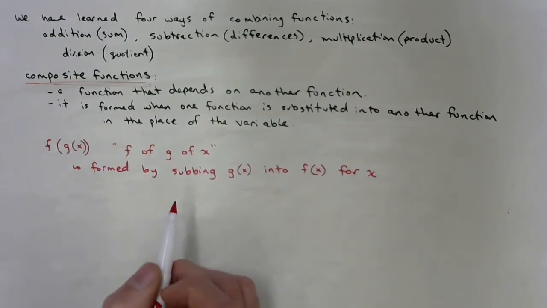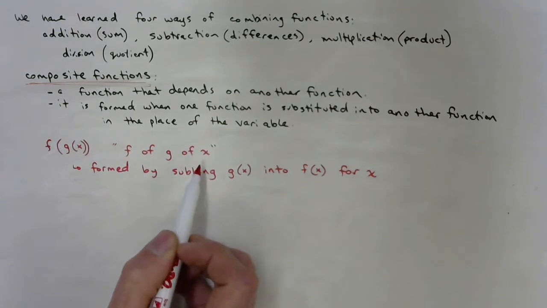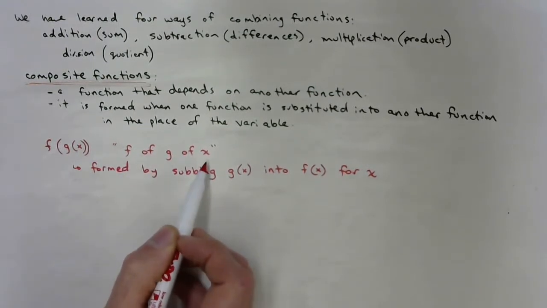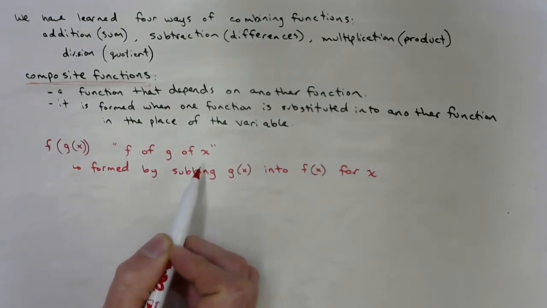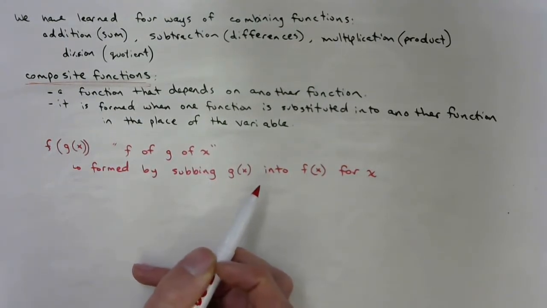The order of these functions is very important. f of g of x is different from g of f of x. Okay, it matters which function goes in for the variable.